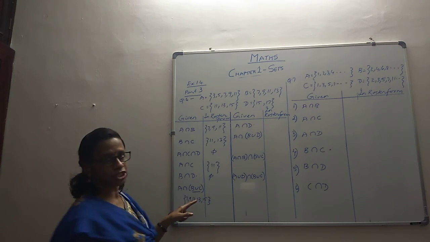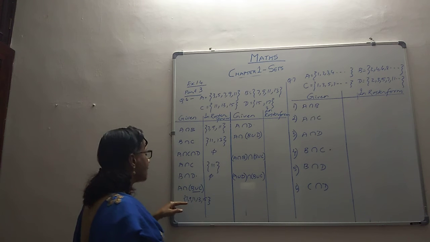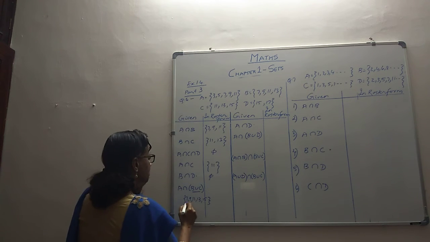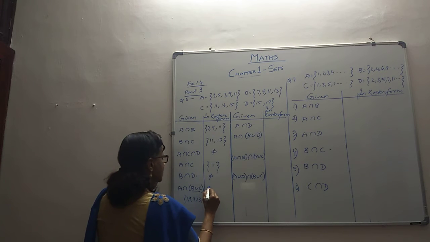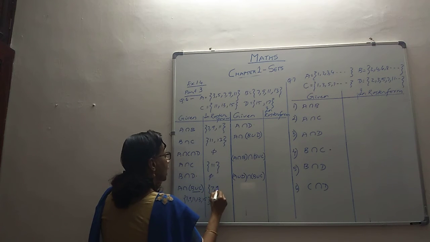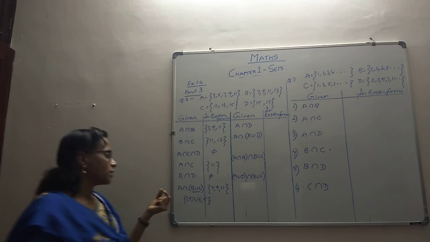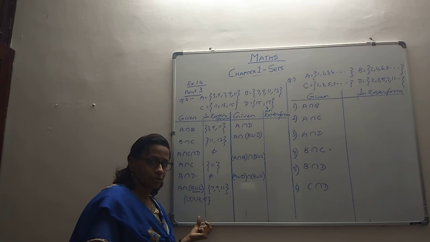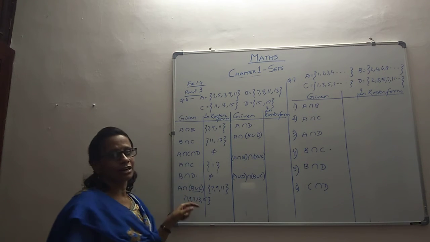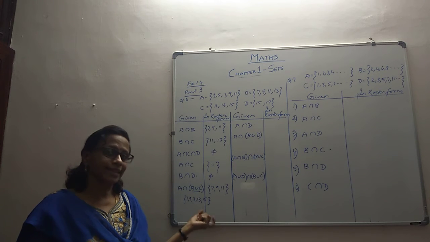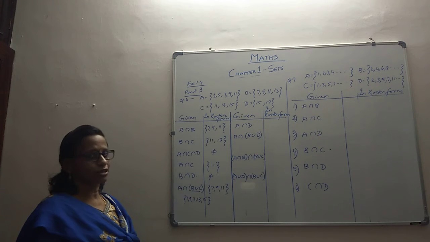So this is your collection B union C. We are having it in intersection with A. When we look at the intersection with A, the elements 7, 9 and 11 are common. So you have the final listing 7, 9 and 11. What we did is we first found out B union C, and then we looked at the intersection because the bracket was put there. So we did that first and then we went to the next.